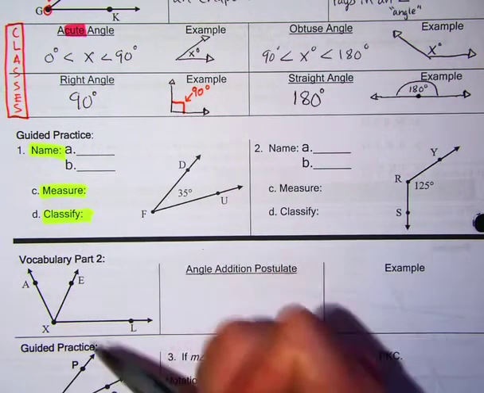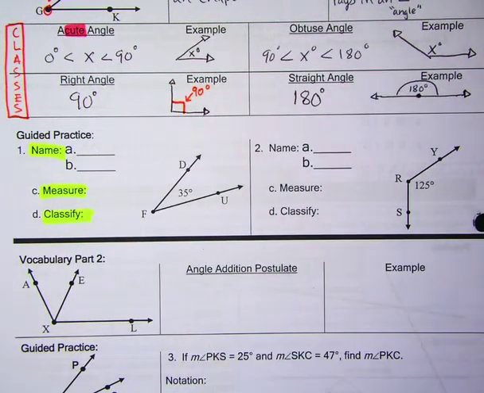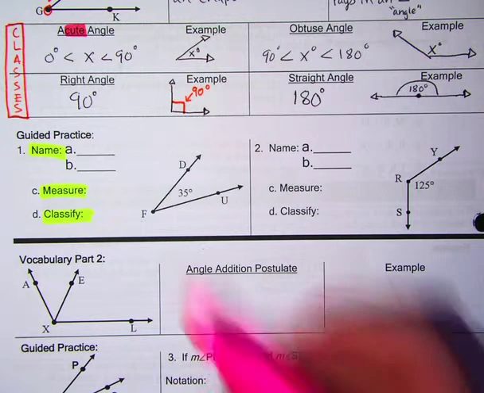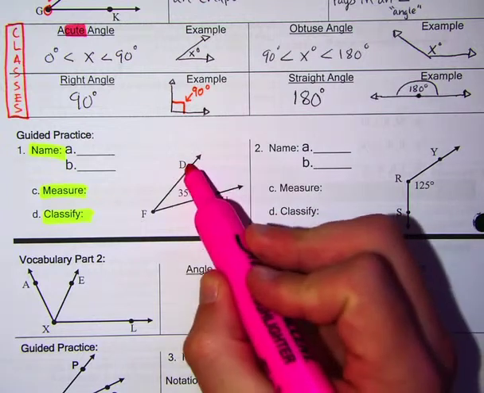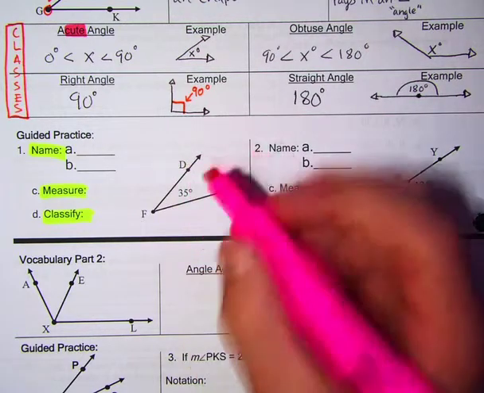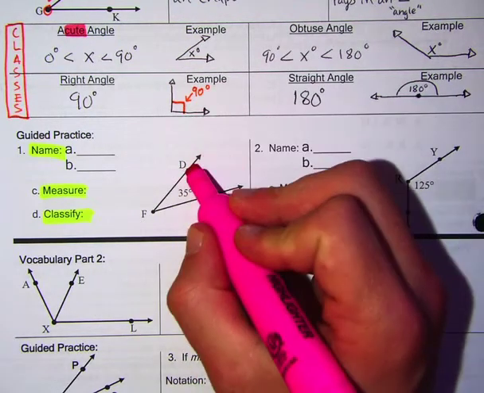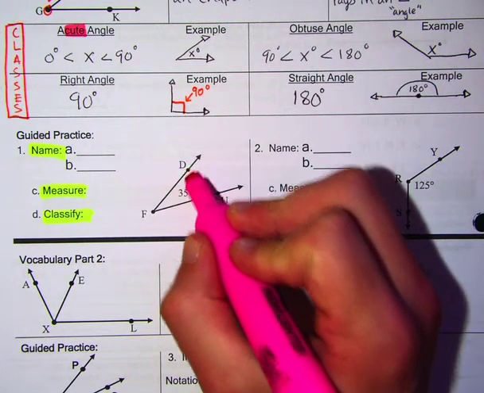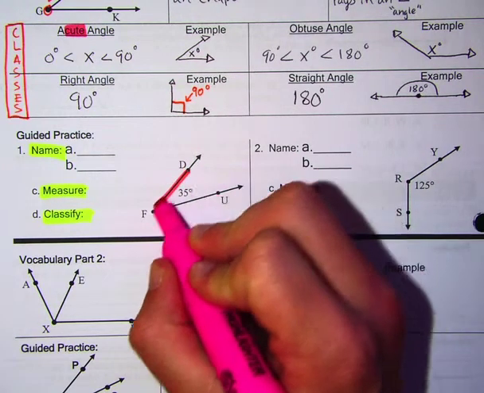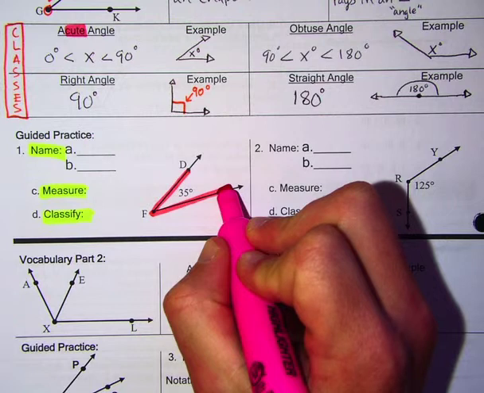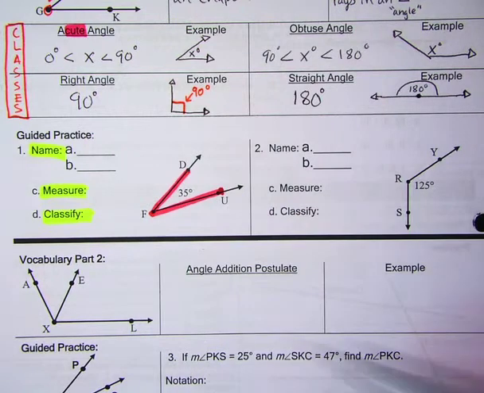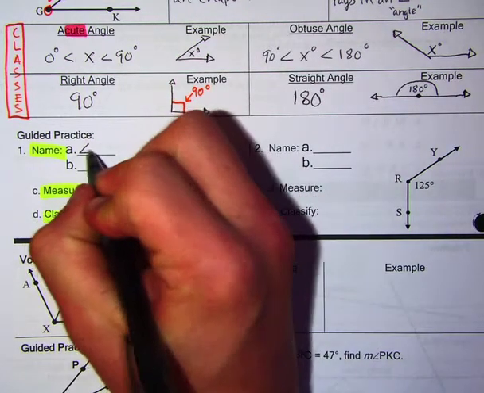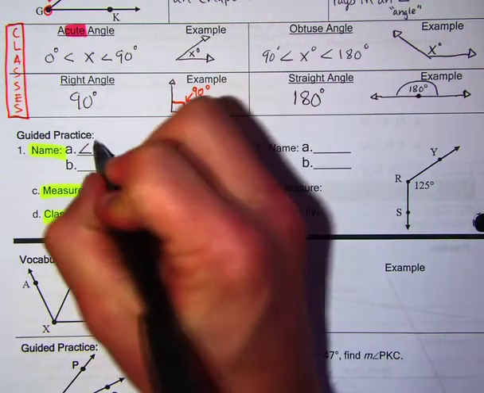So let's do it now for this angle. If I name this angle, the important part is that you start with one of these points on the ends, and if you think of it with your highlighter, keep your highlighter down on the paper as you go. This here I could call angle DFU. So I can use my angle symbol, which you speak out loud, angle DFU.